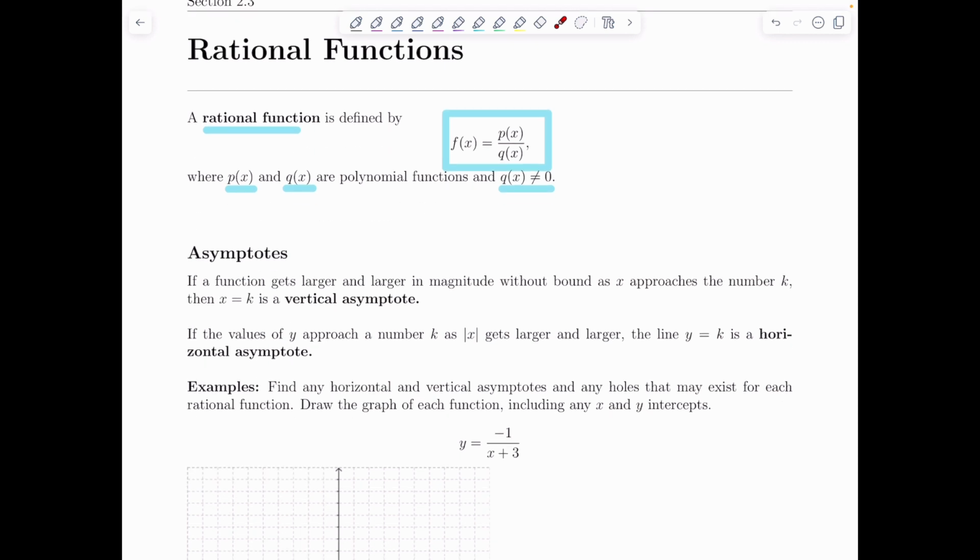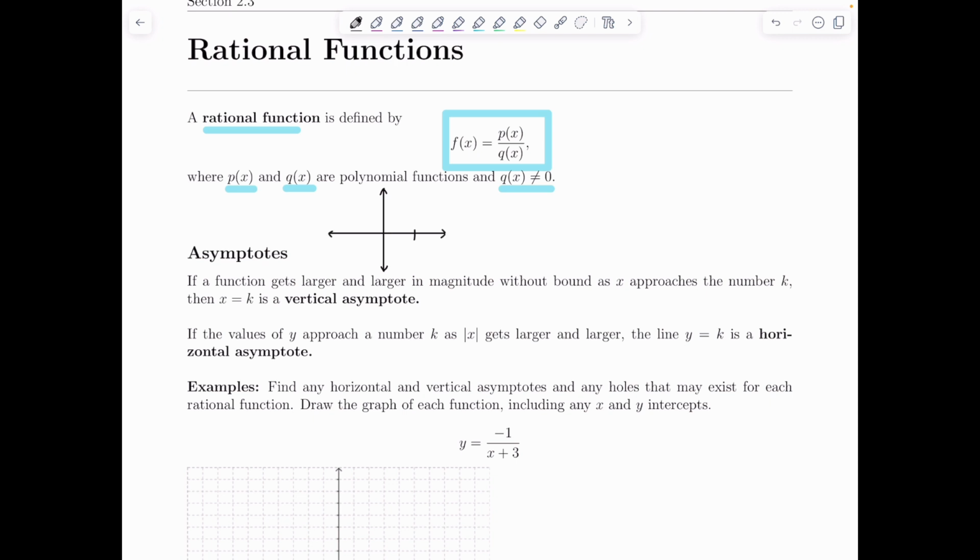So if a function gets larger and larger in magnitude, meaning it could be positive or negative, it's just getting very, very large, without bound, as x approaches the number k, then x equals k is a vertical asymptote. And hopefully you've seen what a vertical asymptote looks like before, but if not, let me graph it for you.